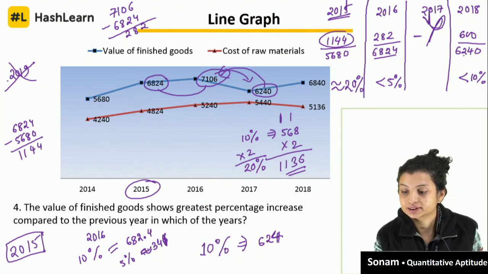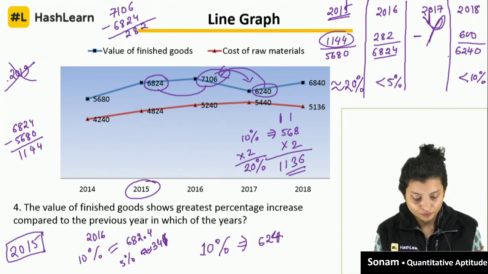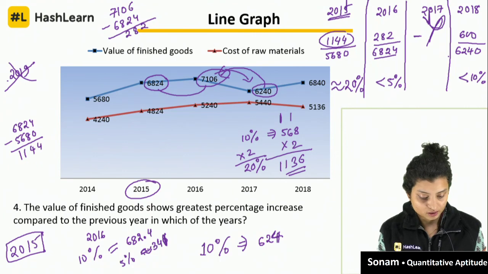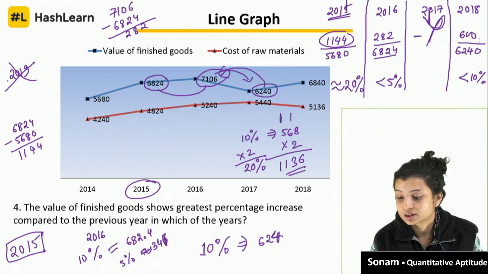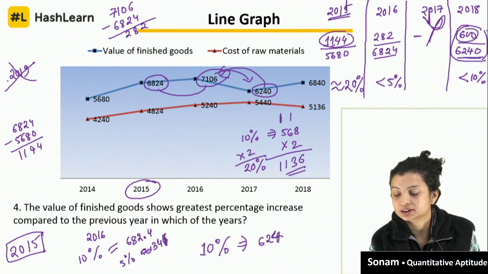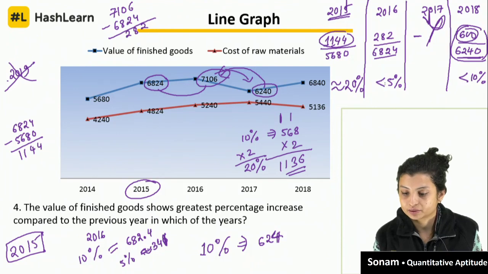Why have I done this calculation? So that you will understand it over here, but with a lot of practice, once you practice enough, you should not do all this because it will take much time and you have to save your time, right? So when you start practicing, the minute you see this, the denominator is 6240, numerator is 600, definitely less than 10%.